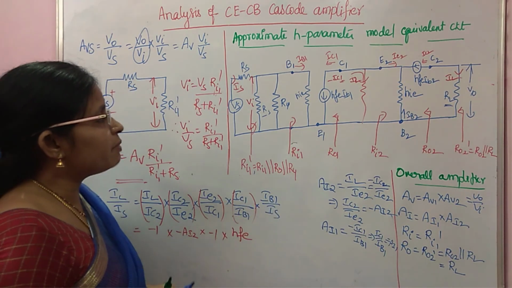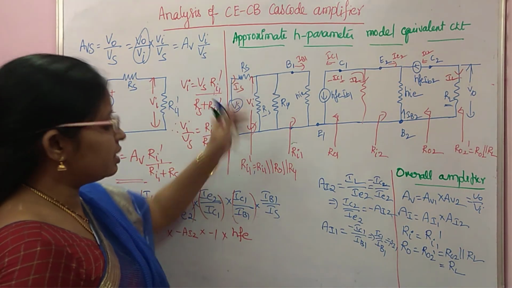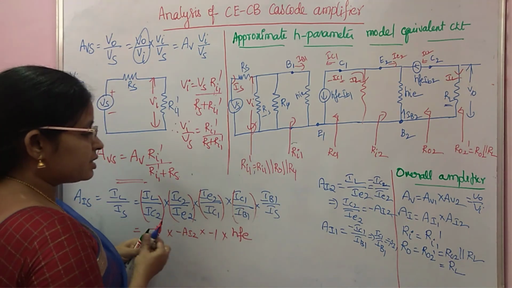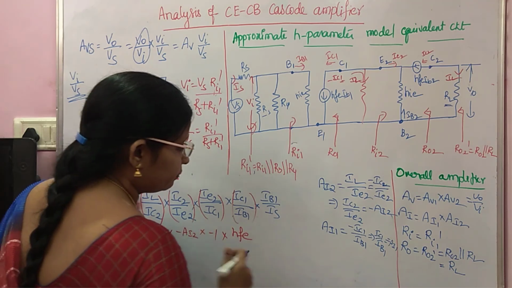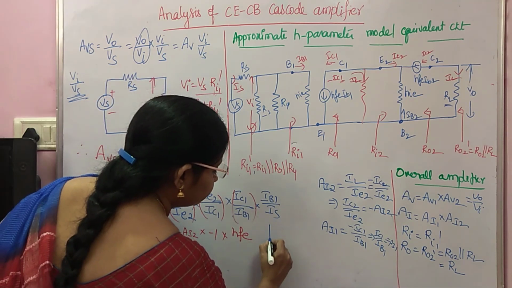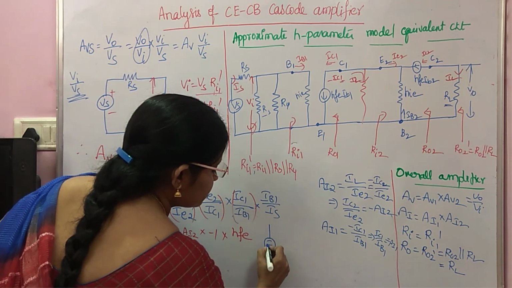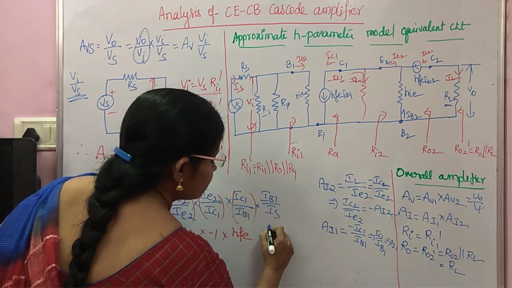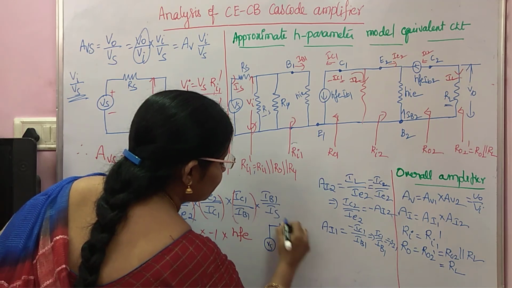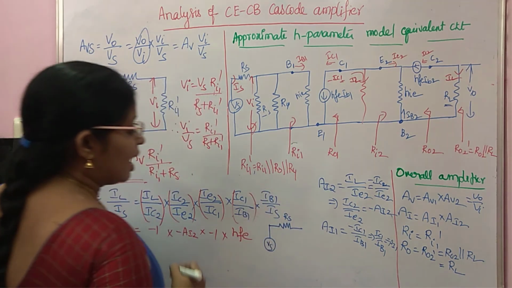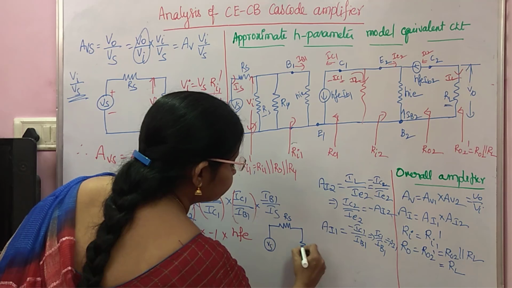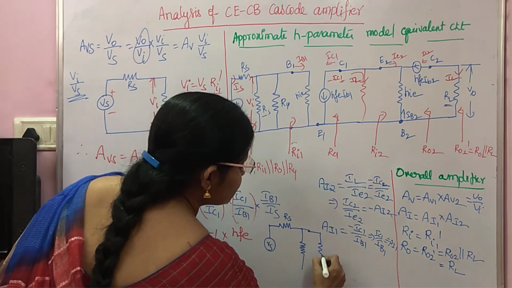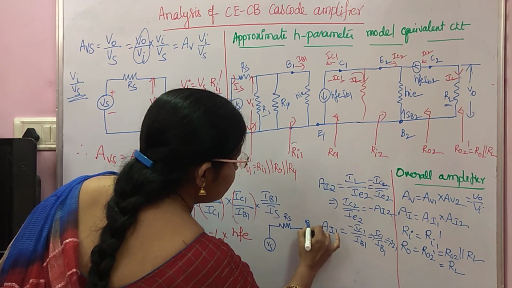Then tell me IB1 by IS. So this is IB1 and this is IS. For that, we'll consider one circuit. Say this circuit. This is VS, RS, and this is the base B1.